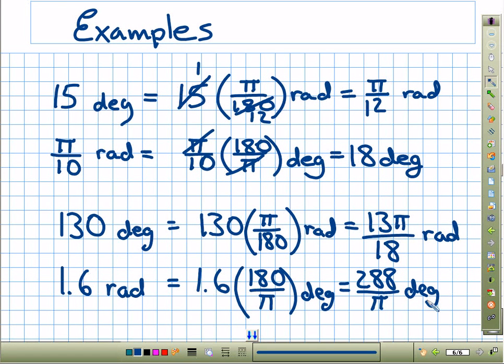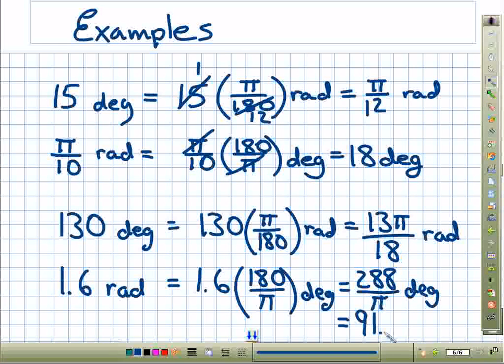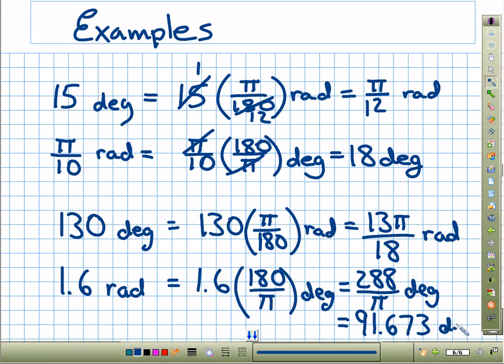We're going to divide by pi, and I'm going to round to the nearest thousandth. This is going to be 91.673 degrees.